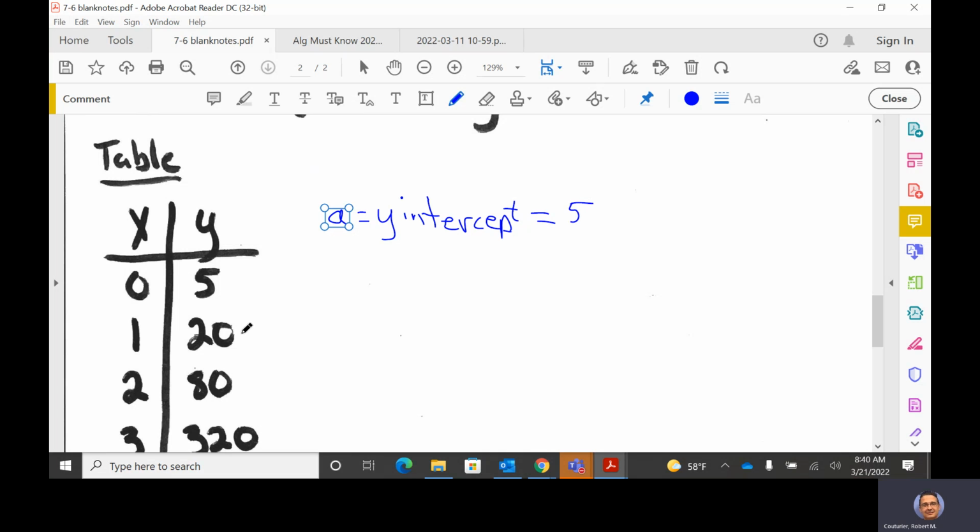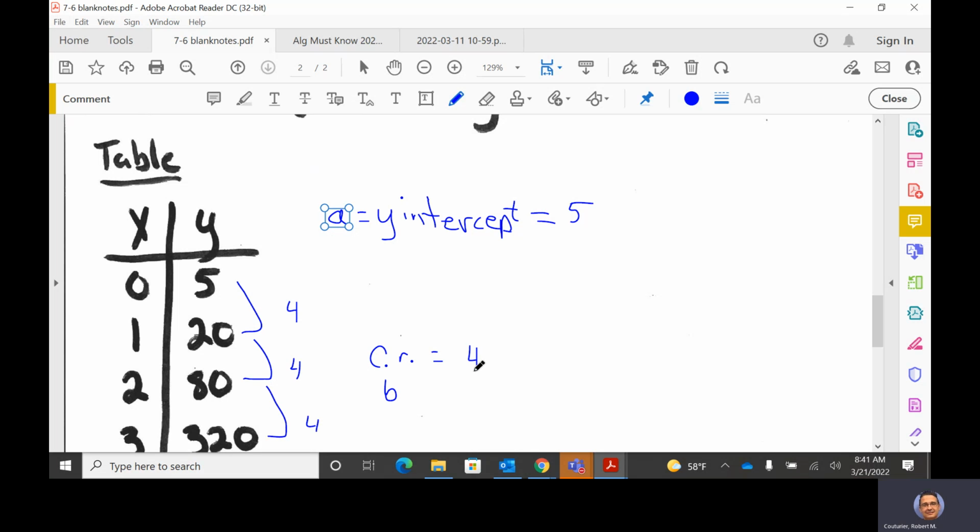And now all you have to do is divide these, divide these, divide these. What's happening? Well, 20 divided by 5 is 4. 80 divided by 20 is 4. 320 divided by 80 is 4. So your common ratio, which is B, is equal to 4.